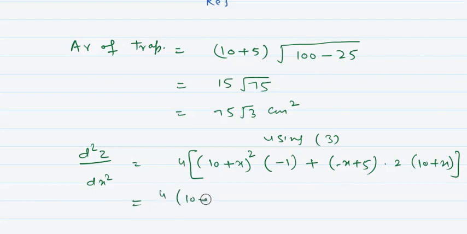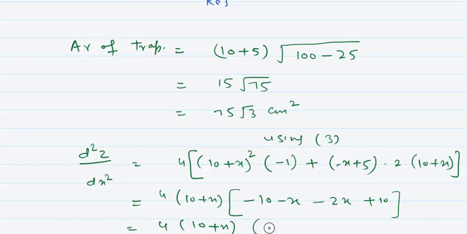So 4 into 10 plus x taking common, we are left here with minus 10 minus x minus 2x plus 10. So here we are getting 10 plus x into minus 3x only.